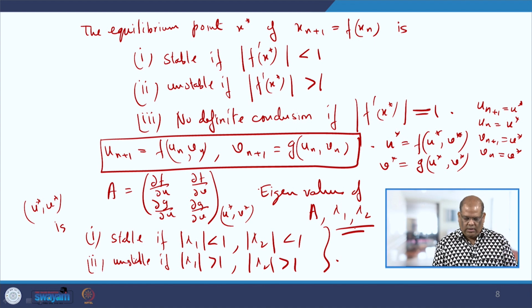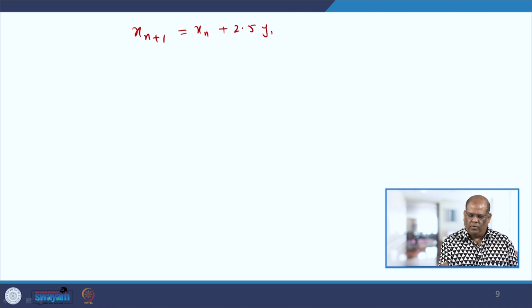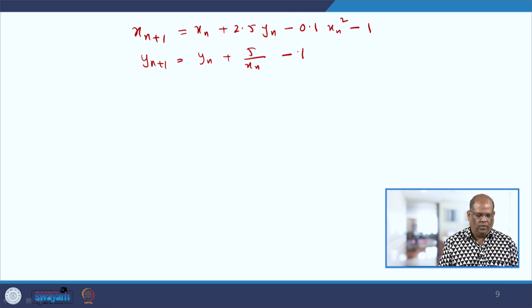Now, quickly let us take an example. Say I have a set of nonlinear difference equations: x n plus 1 equal to x n plus 2.5 times y n minus 0.1 x n square minus 1, and y n plus 1 equal to y n plus 5 by x n minus 1.